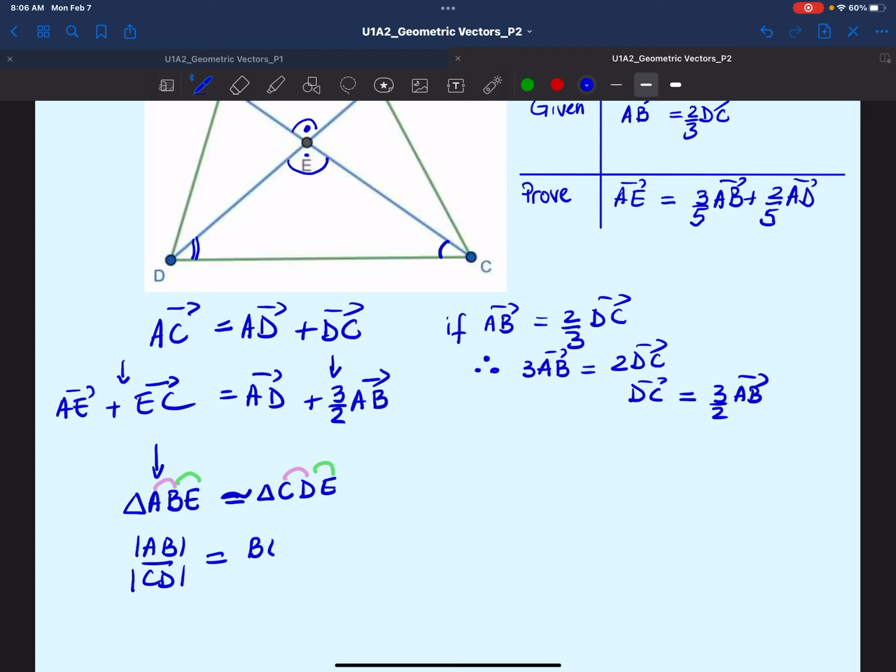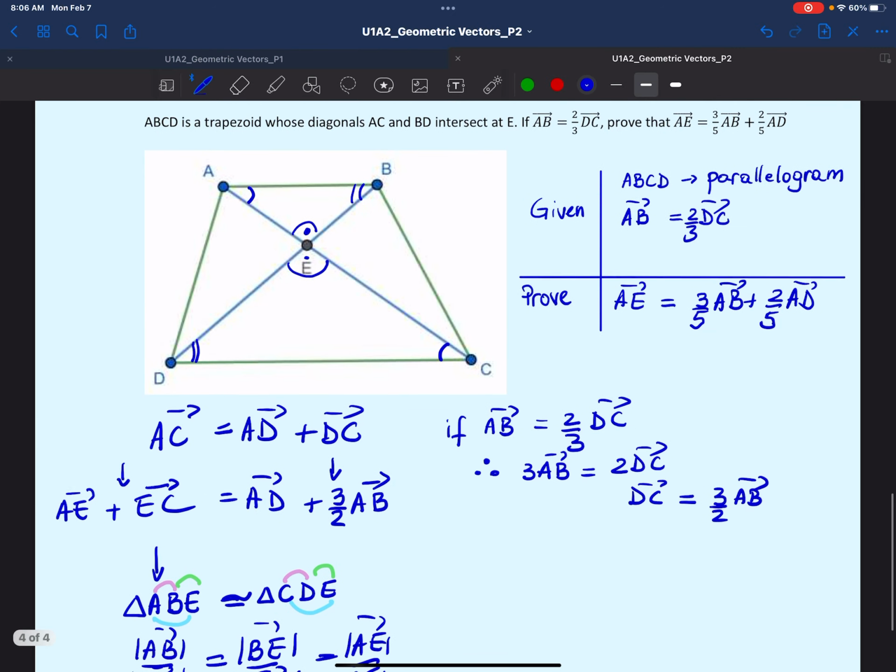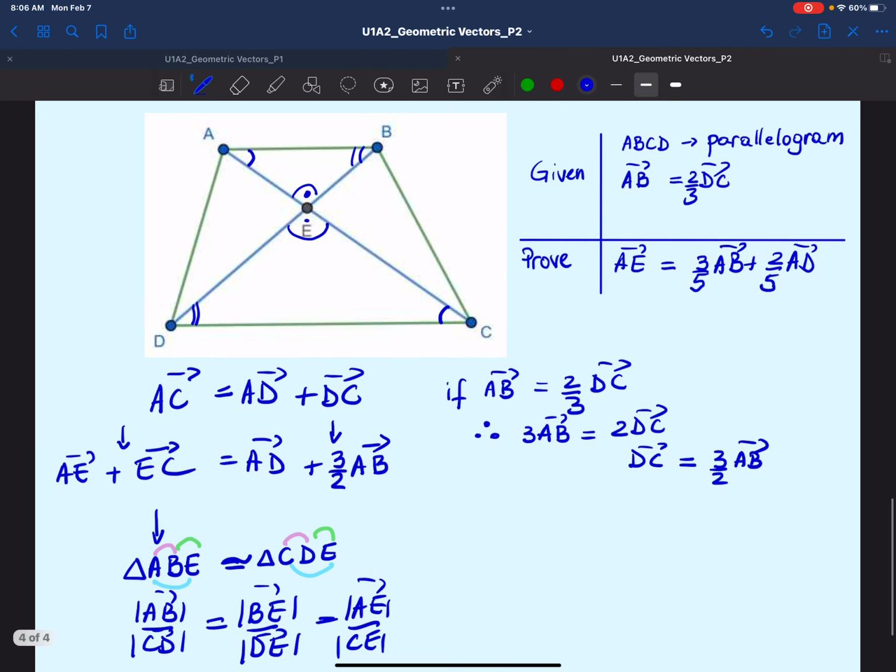Again, that's the magnitude. And that would equal AE over CE. So remember that we're told that there is a connection between vectors AB and DC, given by this statement here.